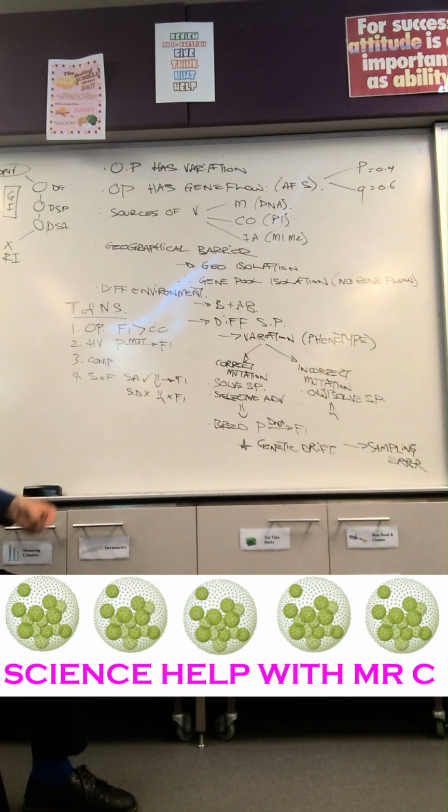Prezygotic isolation means barriers that stop two individuals from completing the act. Right? So it's pre-fertilization. For instance, square peg, round hole, the two sets of reproductive structures physically don't go together. They might have different mating techniques. They might have different breeding seasons.